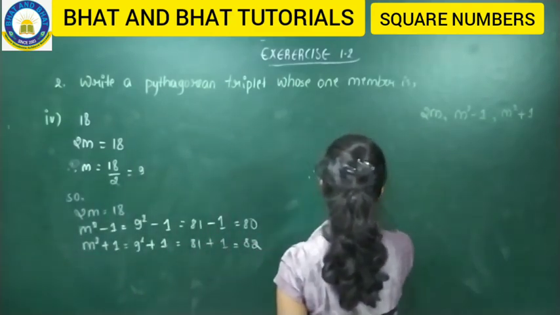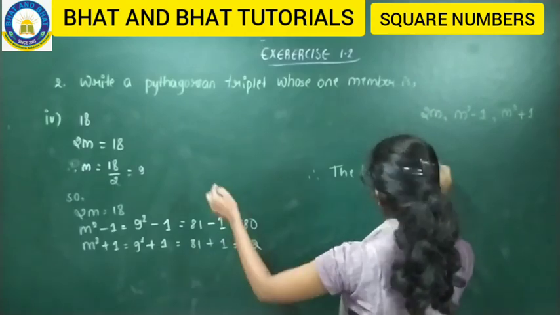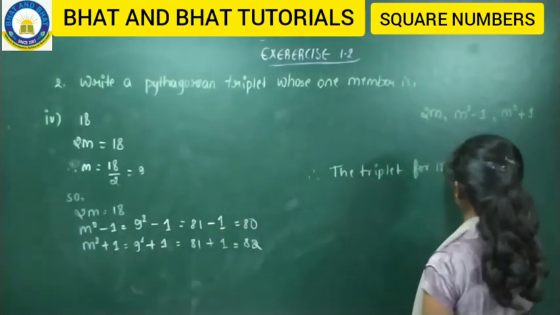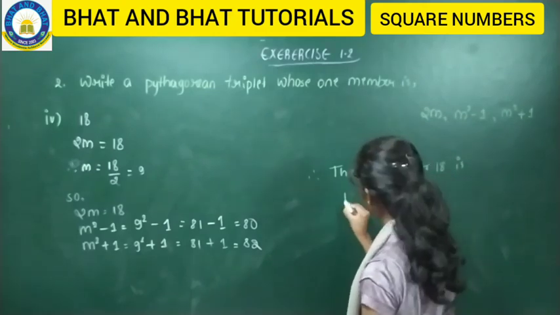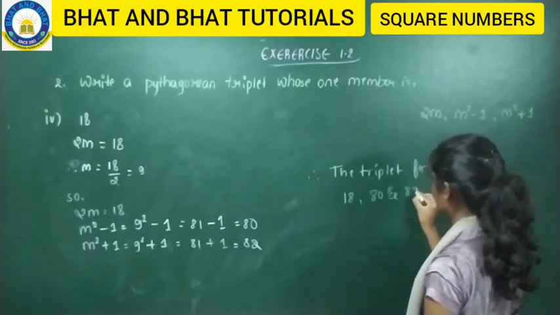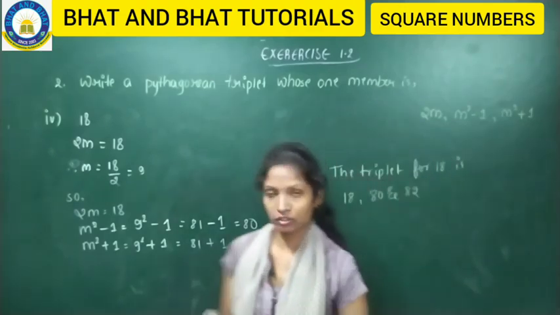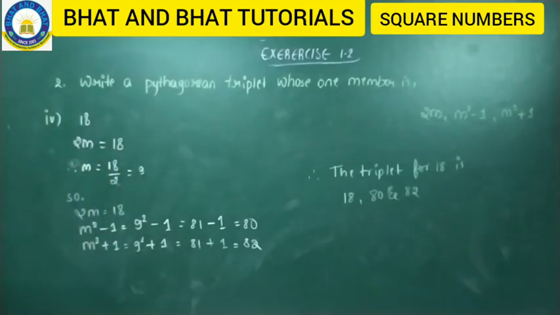Therefore, the triplet for 18 is how much it is? So first one is 18, comma 80 and 82. So now you can copy down this. Copy down.